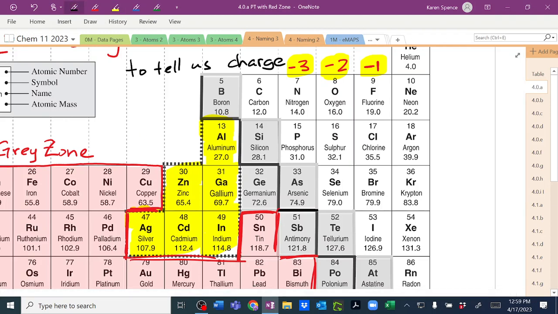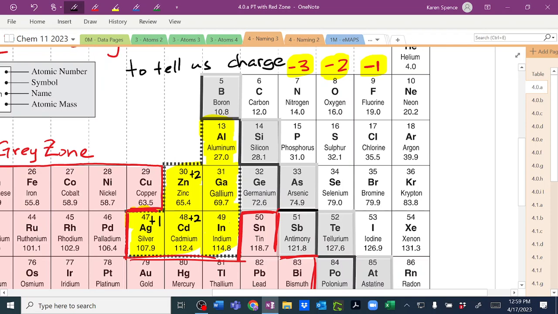What would the charge of zinc and cadmium be? +2. Guess what? There's 2 of them, and their charge is +2. Silver, there's 1 of them, and its charge is +1.